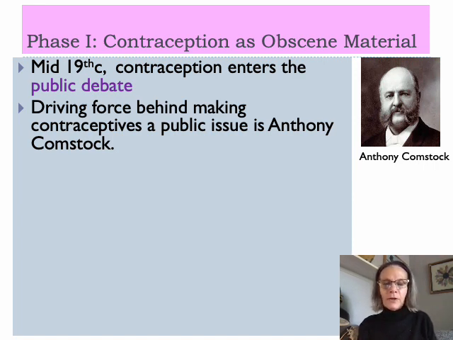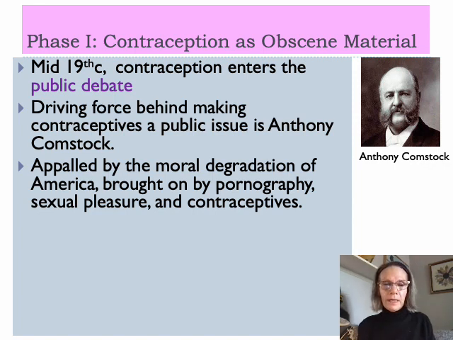And when he was in New York City in the mid 1860s, he began to see what life was like there. He was confronted with gambling halls and saloons and easy access to pornography and brothels and prostitution. And he was just appalled by what he saw as the moral degradation of America.